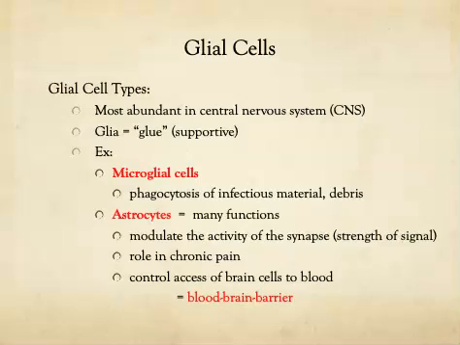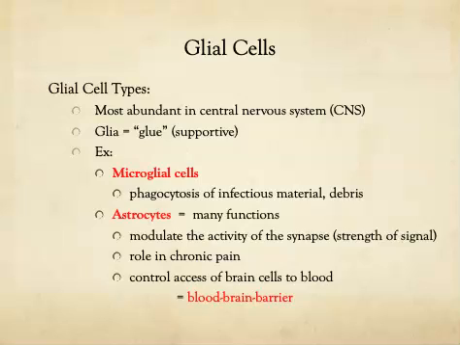Now, microglial cells, this first category of glial cells, are actually an immune cell. They are the immune cell of the nervous system. Microglial cells are phagocytic cells.